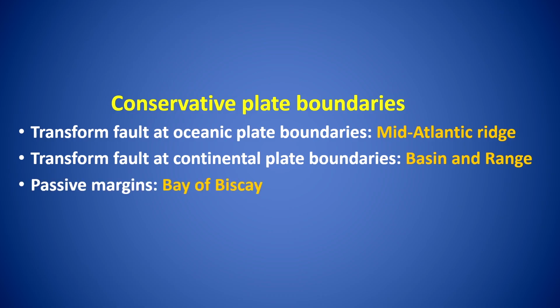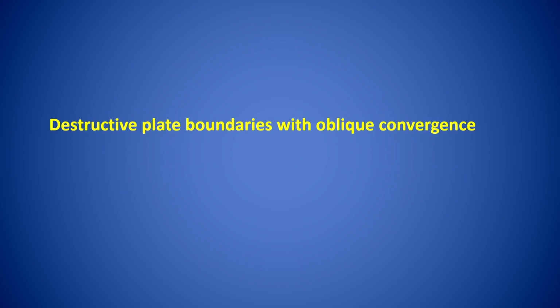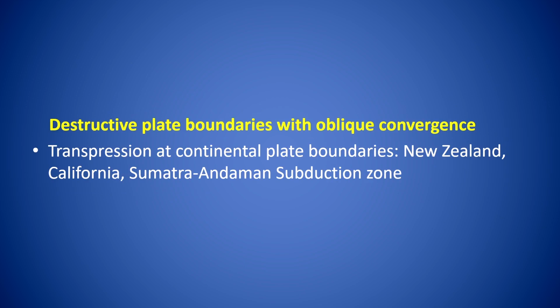Then there are passive margins, along the Bay of Biscay, and then destructive plate boundaries with oblique convergence. Okay. So, these are seen along New Zealand, California, Sumatra, and the Andaman subduction zones. These are all destructive plate boundaries where convergence is going on, but the convergence is oblique.